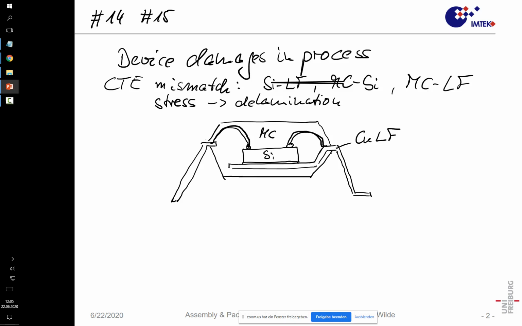In real popcorn, what leads to the popcorning? Yes, it is water. In fact, we must say it is not so much the water in the molding compound, but the molding compound takes up, let's say, 0.1% of water by weight.